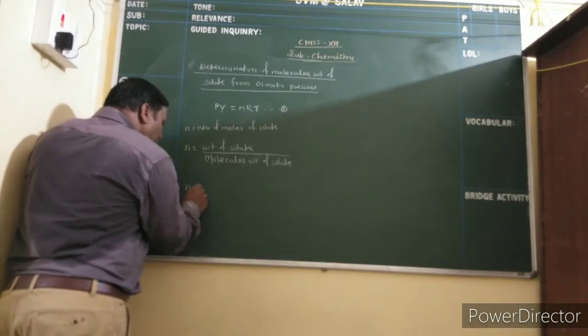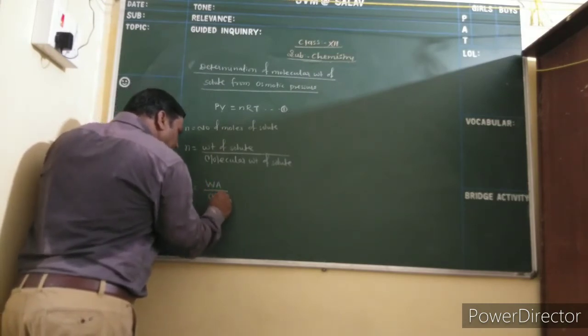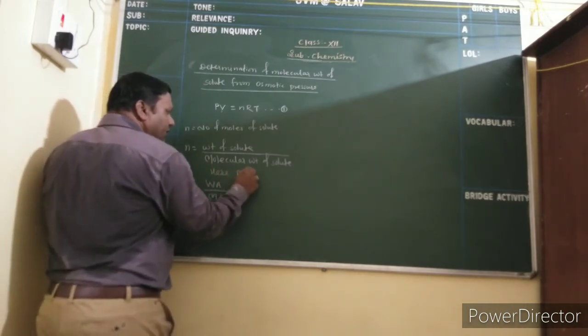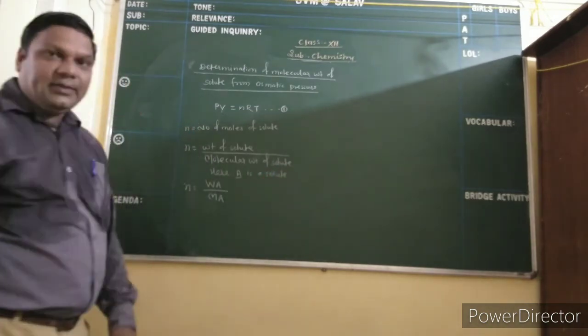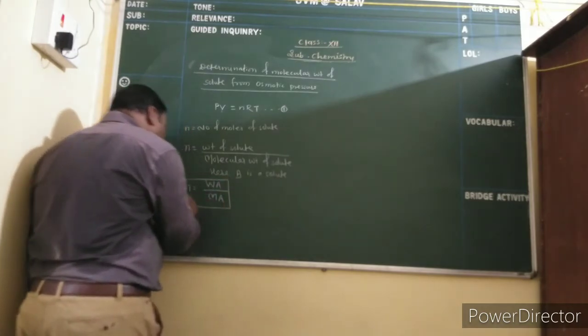So n is equal to WA upon MA. Here ये is a solute. ये क्या है? Solute है. तो वेट के लिए W, molecular weight के लिए M. So n is equal to WA upon MA.